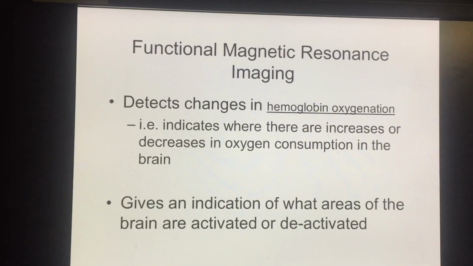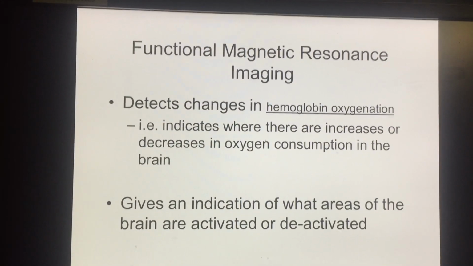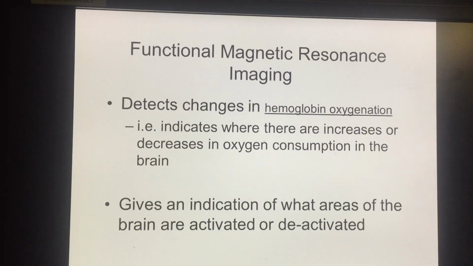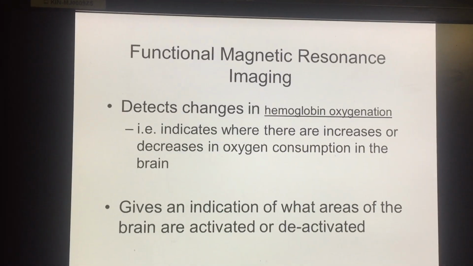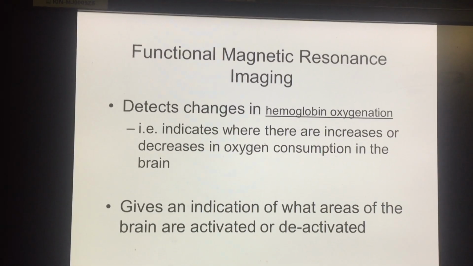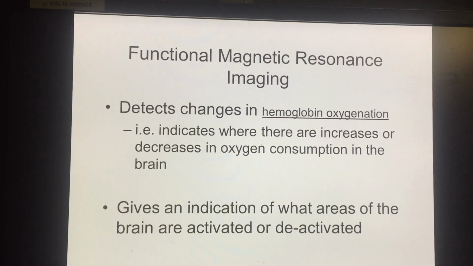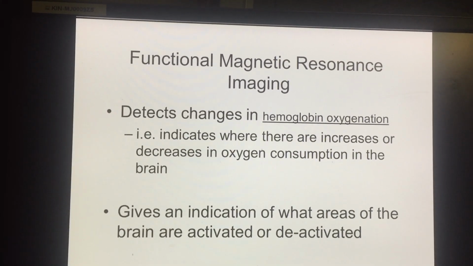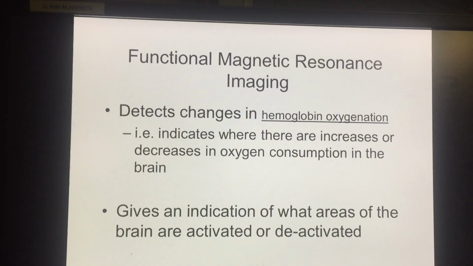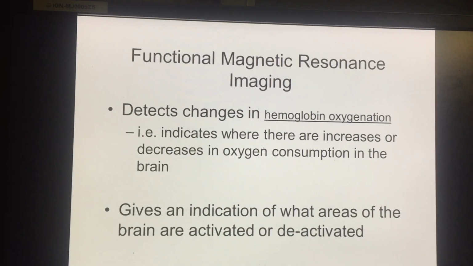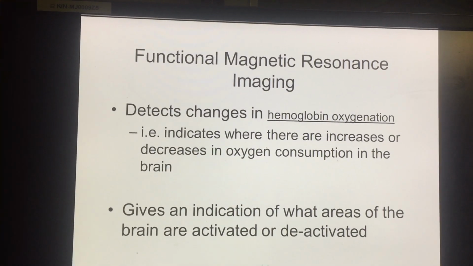So it can tell what parts of the brain are taking up oxygen from the hemoglobin, and then what parts of the brain are not taking up oxygen or becoming deactivated. So it can detect changes in brain activation and brain deactivation by measuring the hemoglobin oxygenation.